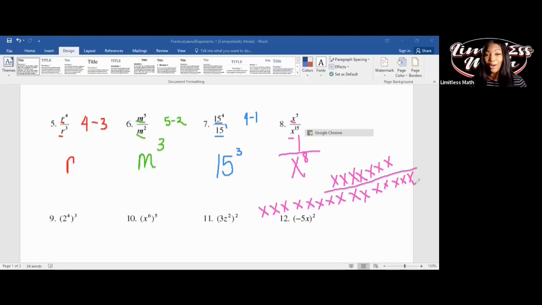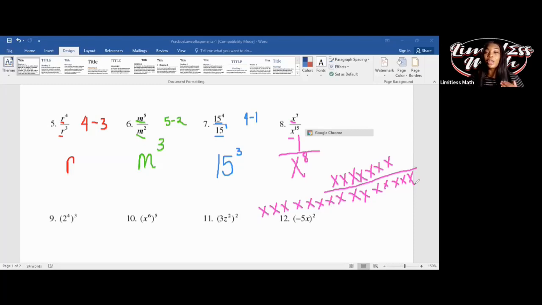And you could do it this way all the time for every problem, but because it's a lot of time to expand these powers, it's better to just know the rules. These rules are shortcuts, but you can always expand the powers and do this cancellation that you're about to see me do. So anytime you see the same term on the top and the bottom, right?